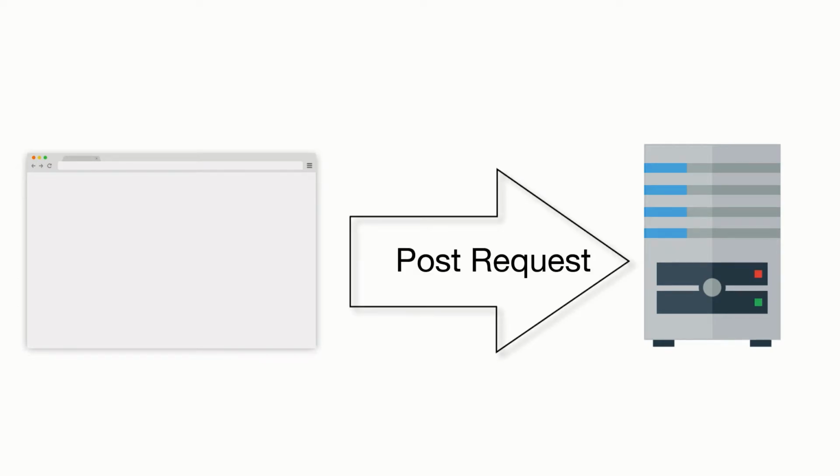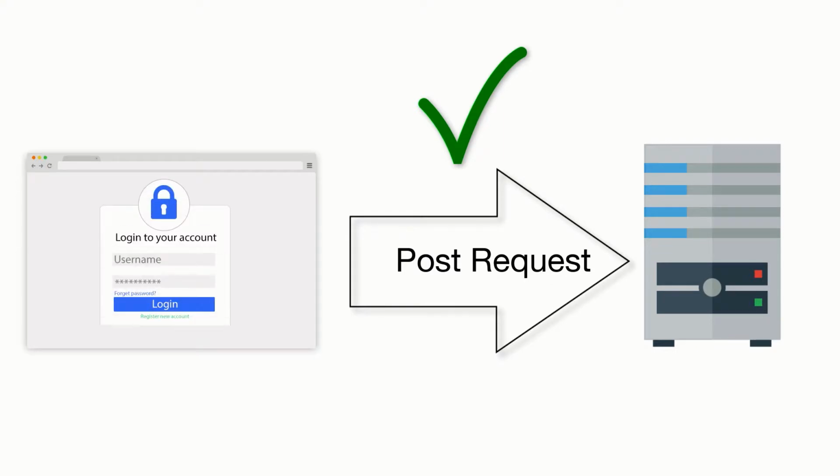And when you are using the post method, the data sent to the server with post is stored in the request body of the HTTP request, and it's a secure way to send data to the server. For example, you can use it for sending user login information, username and password, to the server.